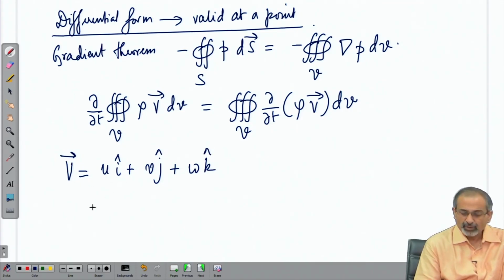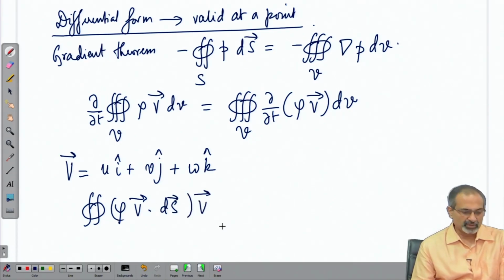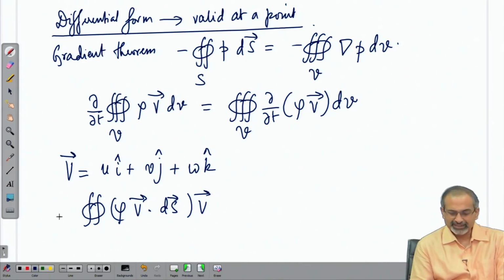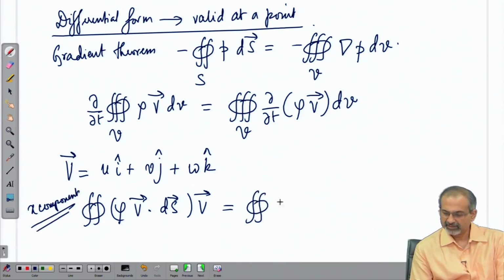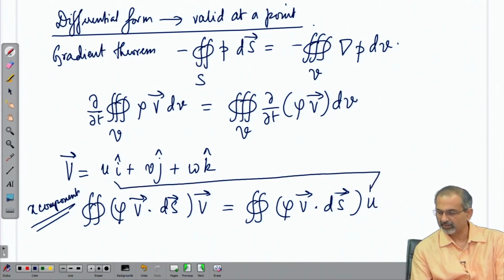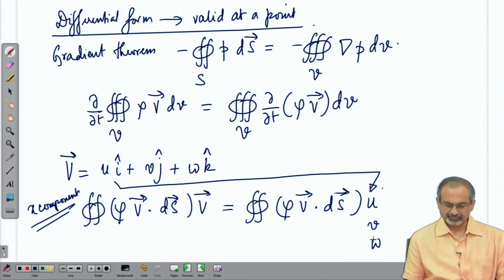So, when you look at the momentum flux term, what do you have? You have an integration of this. If you take the u component or the x component of this, what is the outcome? It will give you the integral of rho V dot dS times u, that means only the x component coming from V. Similarly, the y component will have a v here, w here and so on.